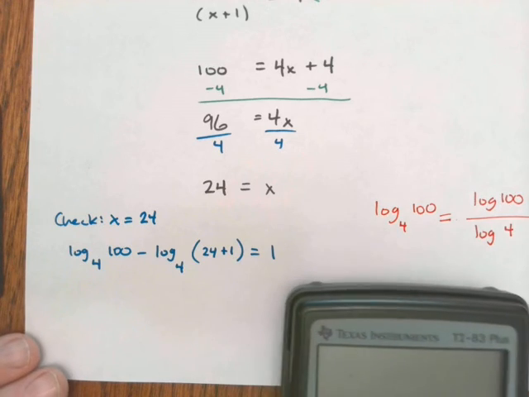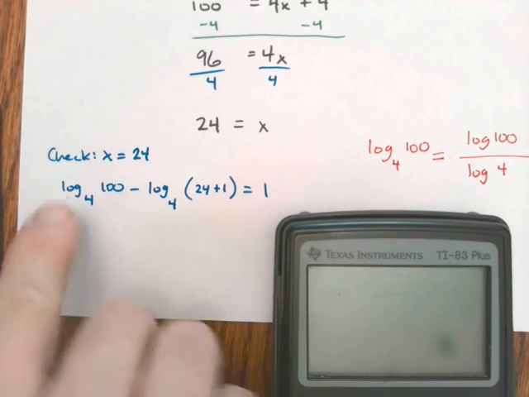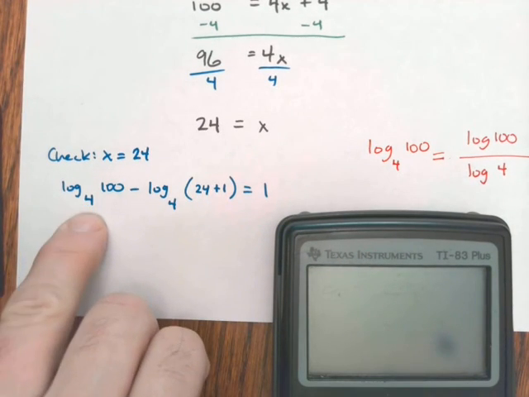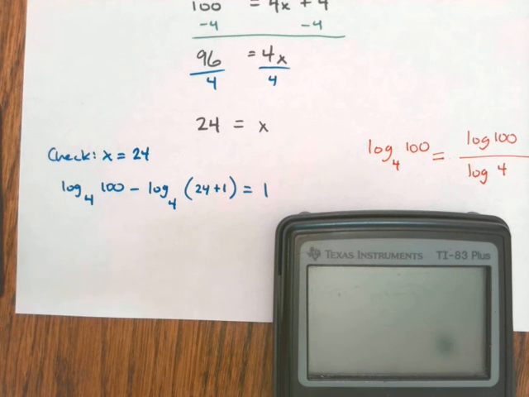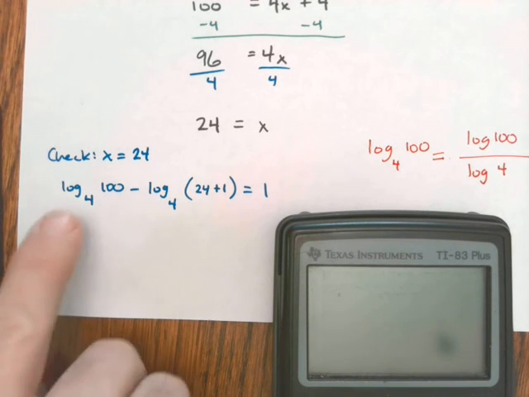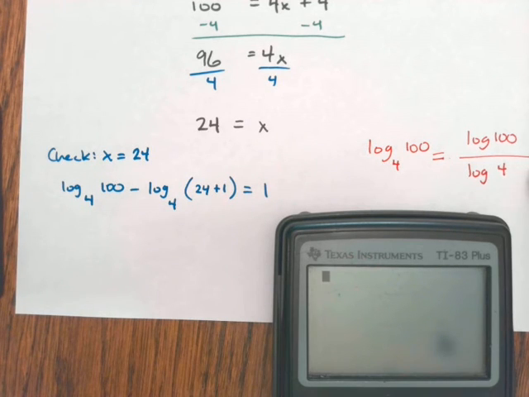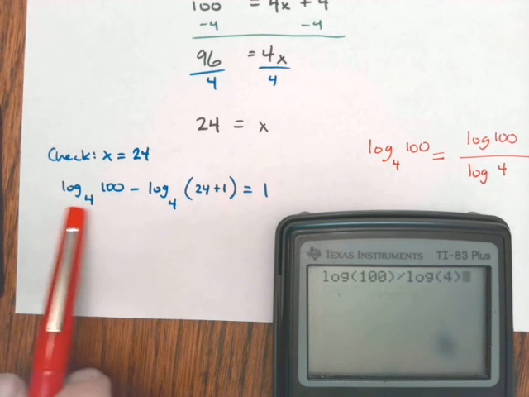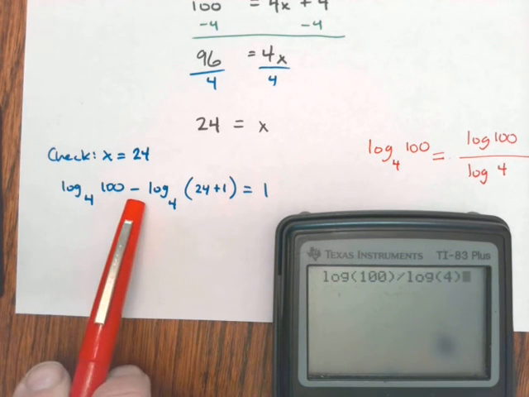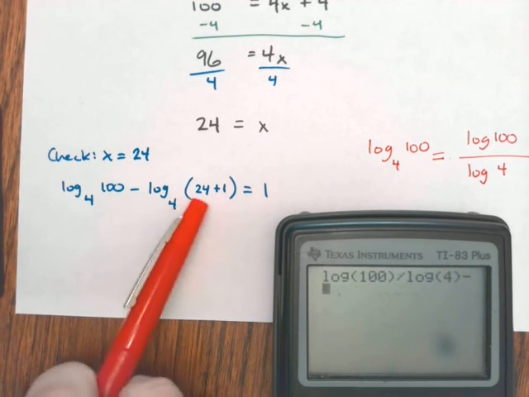Now, my calculator does not have the ability to change the base when I type this in. So I'm going to type in log base 4 of 100, but I'm going to do that using the change of base formula. So that's going to be log of 100 divided by log of 4. So there's that piece. And then we have a subtraction. I need to do the same thing here.